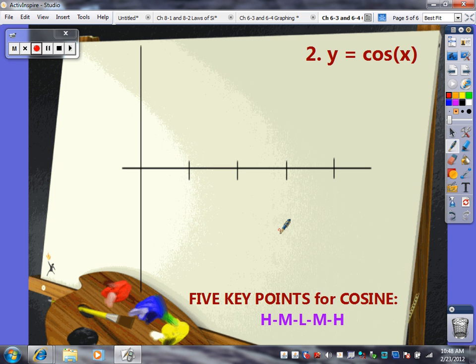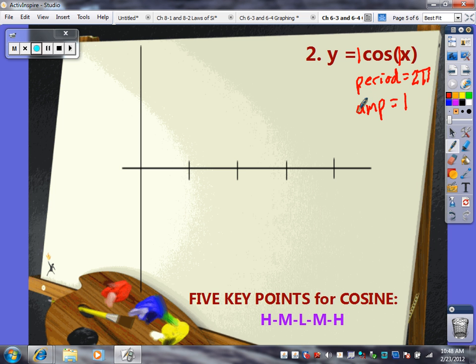All right, next problem, number 2, cosine. So cosine's period is also 2 pi because the b value is 1, and 2 pi divided by 1 is 2 pi. The amplitude is your a value here. So that is 1 again.